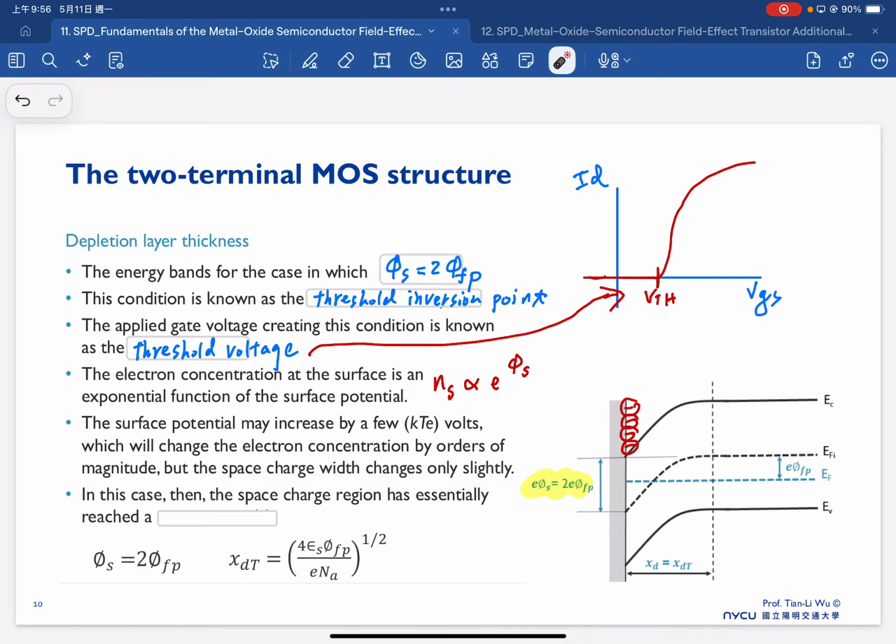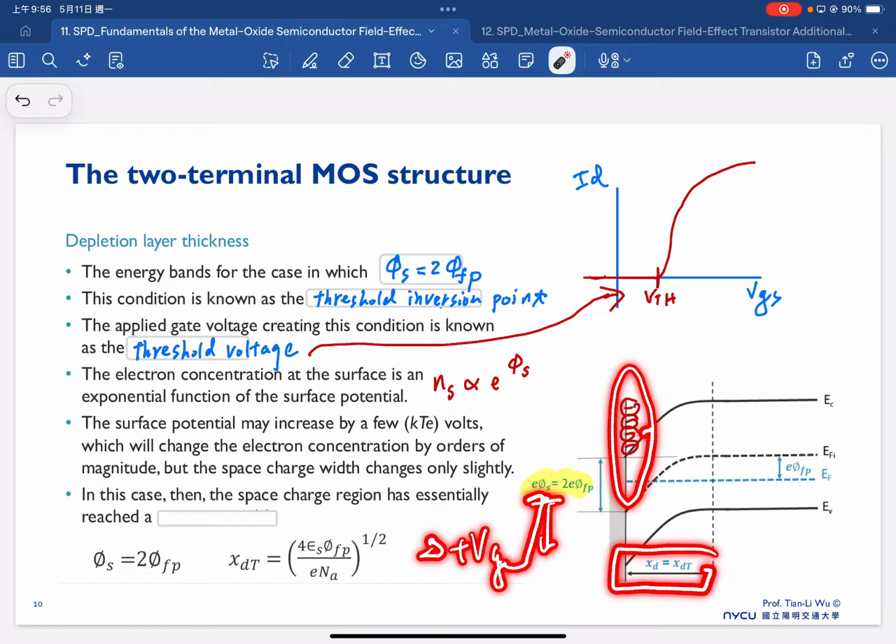So at this condition, the additional VG we apply will mainly be reflected in the surface potential, in the end increasing NS. The charge of the depletion width here will not increase anymore, because most of the charge will be induced in this region, since we increase the charge exponentially.